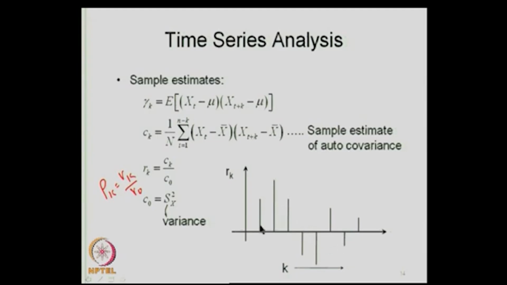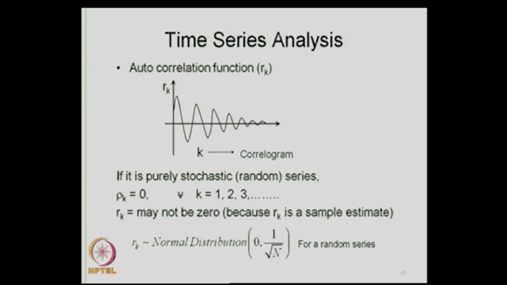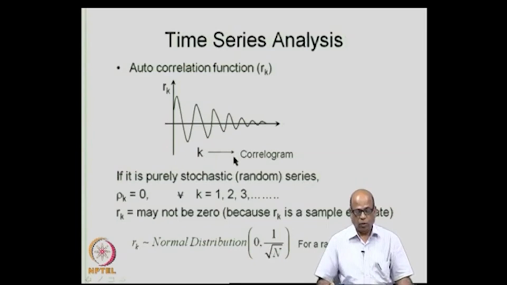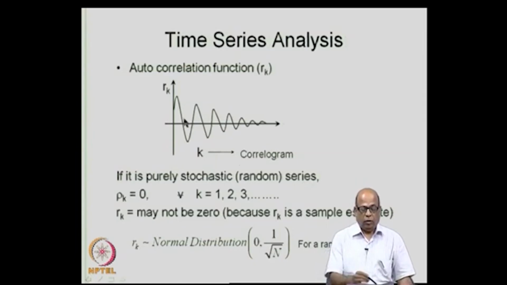For example, k equal to 1 may have an R k value like this, or k equal to 2 may have one like this, etcetera. So, like this you get spikes, and this is the correlogram. The autocorrelation function may indicate some fluctuations like this. For certain processes it may simply be decaying with time.